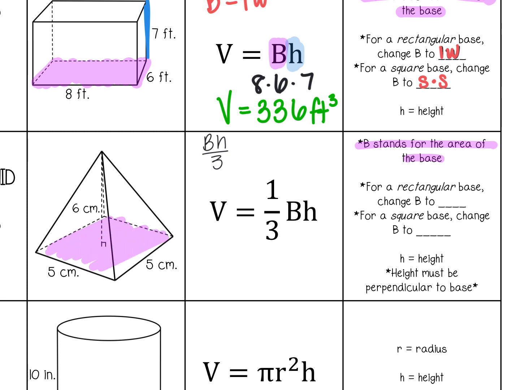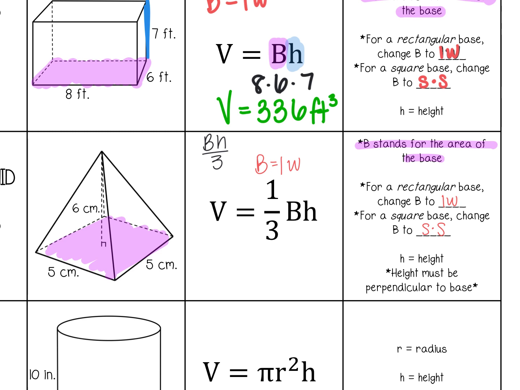Here is my base, and the capital B is length times width. I'm going to plug in what I have. What is my length and what is my width? Okay, 5 and 5, and that's the same thing as side and side because this is a square pyramid.